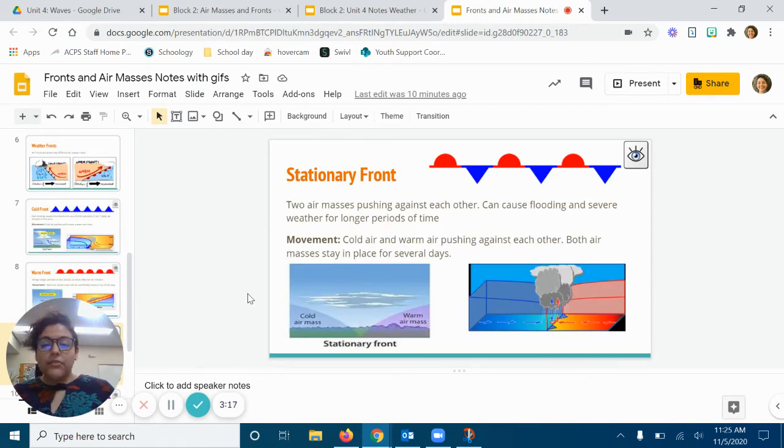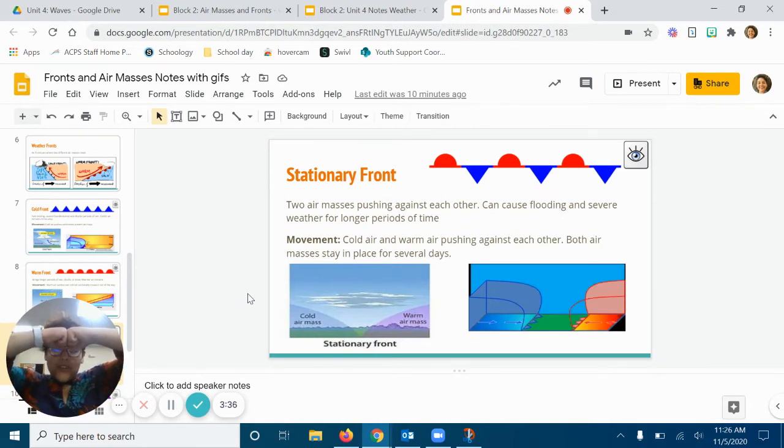Next, a stationary front has a red and blue symbol. And like the word stationary, to be stationed means to not move. So what happens in a stationary front is when you have a cold and a warm air mass coming together and they're pushing each other, but they're not moving.